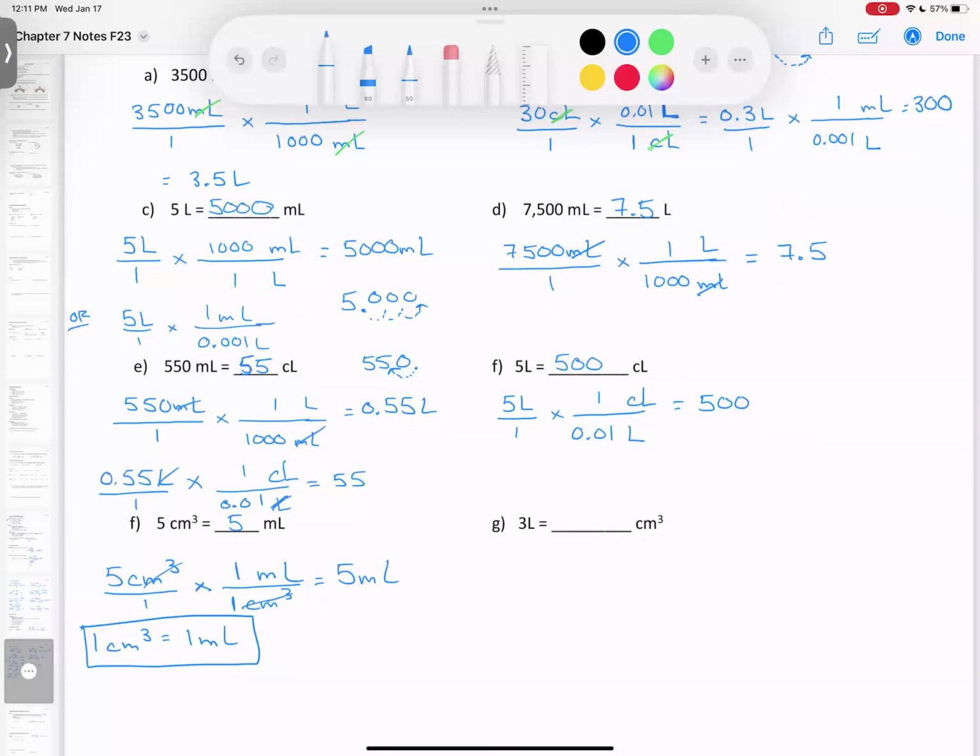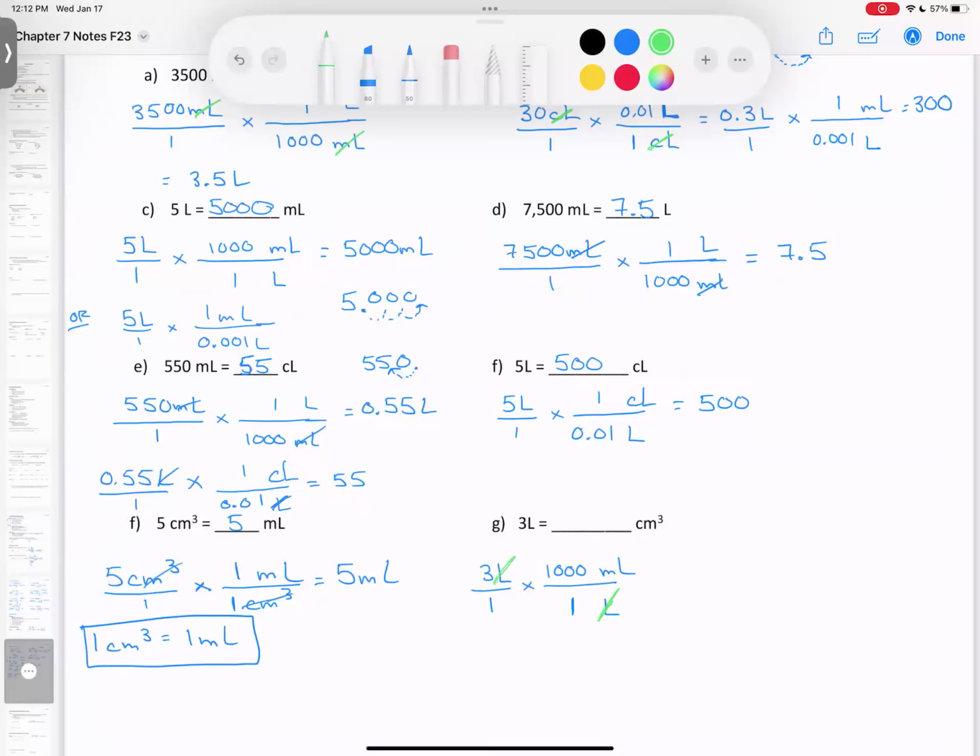Last question, here we have liters and we want to get to centimeters cubed. Well, we know how to get from milliliters to centimeters cubed. So let's start by taking that 3 liters and converting it to milliliters. So I'm going to multiply by something that cancels out my liters and leaves me with milliliters. And so if I'm looking on the conversion factors, I'll see 1 liter is the same as 1,000 milliliters.